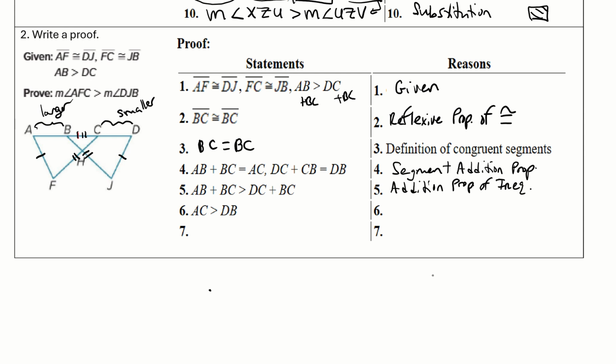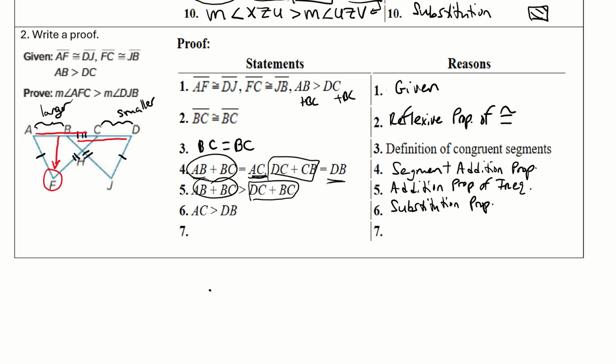All right, and then to get step 6, notice that we replace this with AC, and we replace this with DB. So that's the substitution property. All right, and then now we know that AC is bigger than DB. So we know that this is larger than that, and because AC is larger, that means that this angle, the one opposite, is bigger than that one, right?